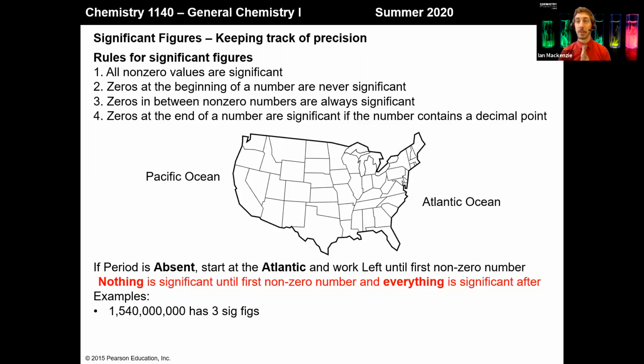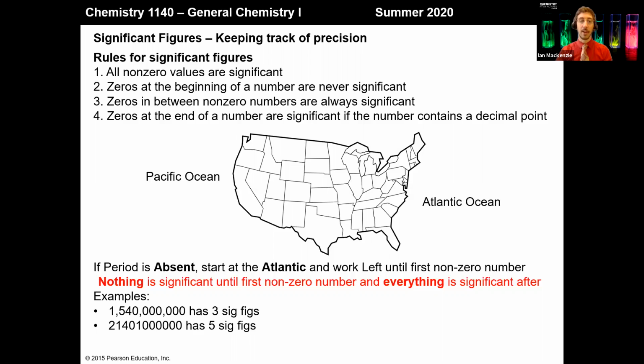There's no period or no decimal point, so I start at the Atlantic, the right, and I work my way left until I hit the first non-zero digit. So none of those zeros are significant. The 4 is the first significant digit, and then the 5 and the 1. So this has 3 significant figures.